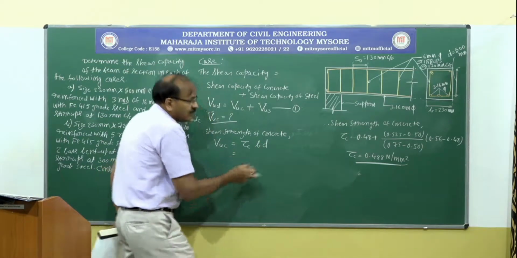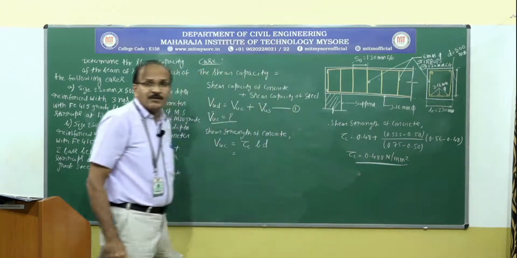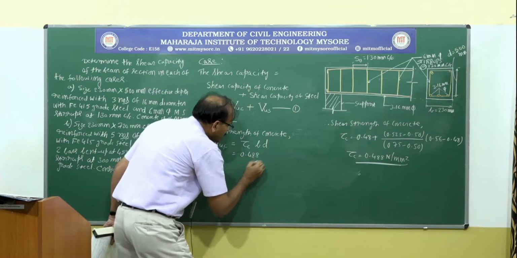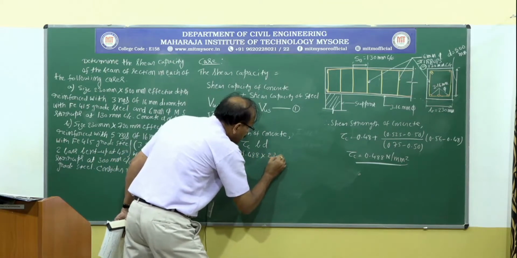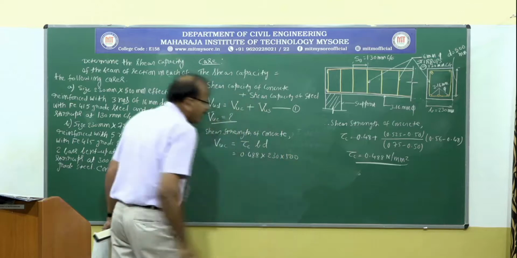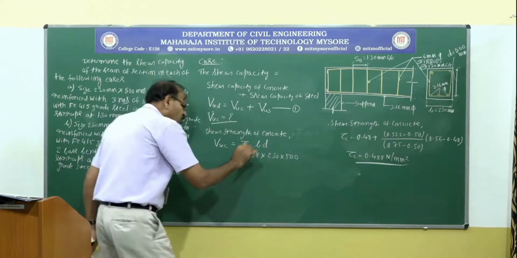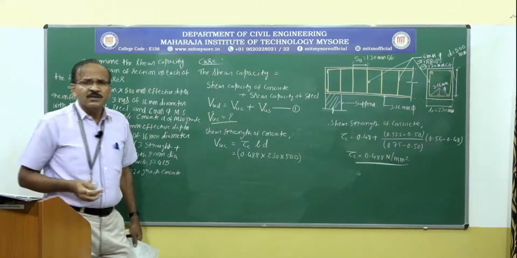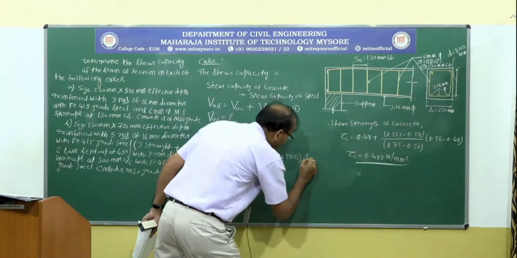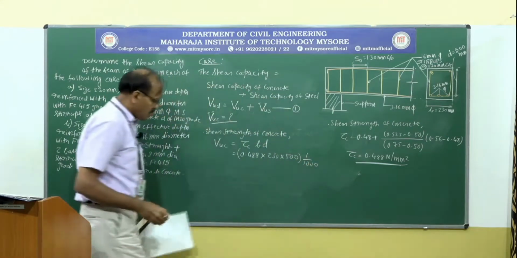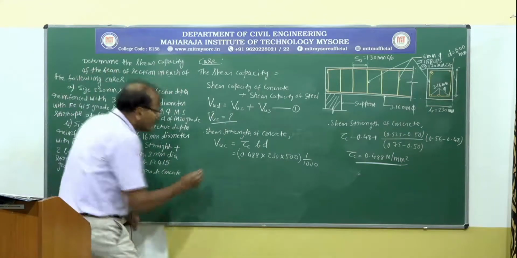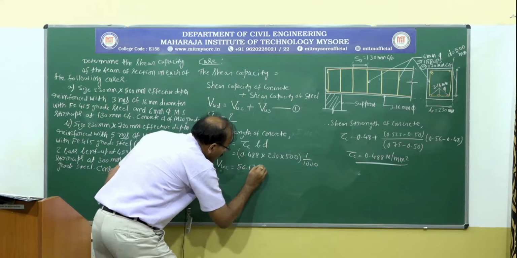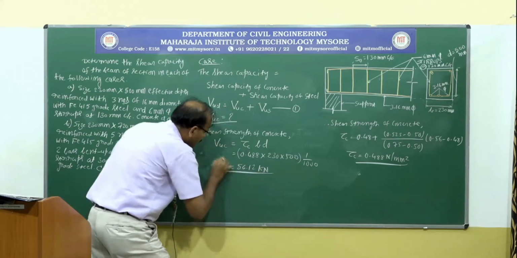What is tau C value? 0.488 Newton per millimeter square. 0.488 multiplied by B is 230, D is 500. So, I am going to get the value in terms of Newton and I am going to convert the same thing to kilonewton by dividing this by 1000. Okay. So, I am going to get the value of VUC equal to 56.12 kilonewton.